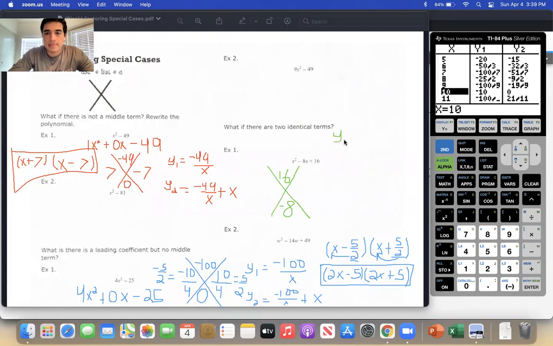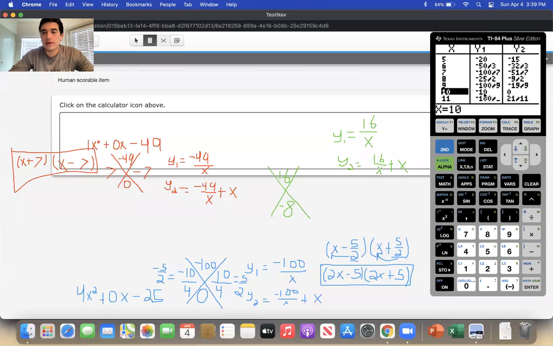So my y1 is going to be, remember, a times c over x. So 16 over x. My y2 is going to be the same thing, so 16 over x plus x. Okay. And then we just type those in.